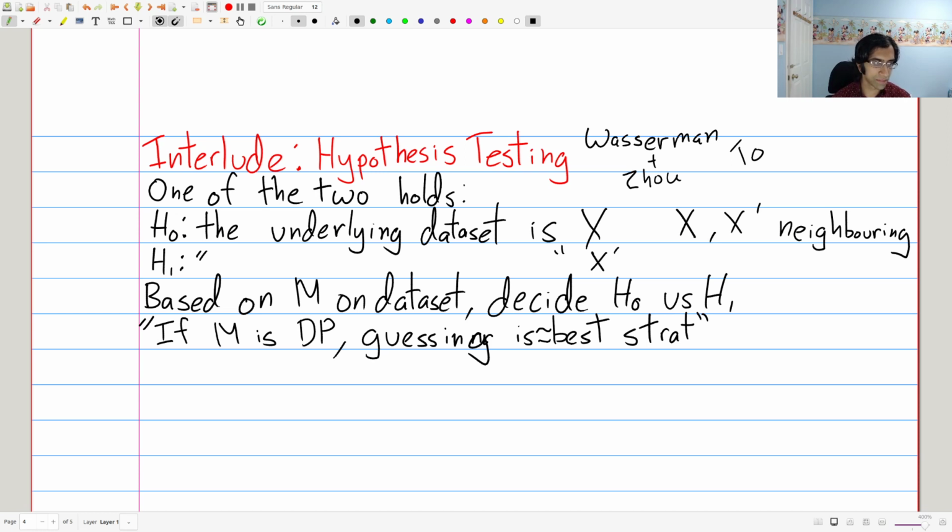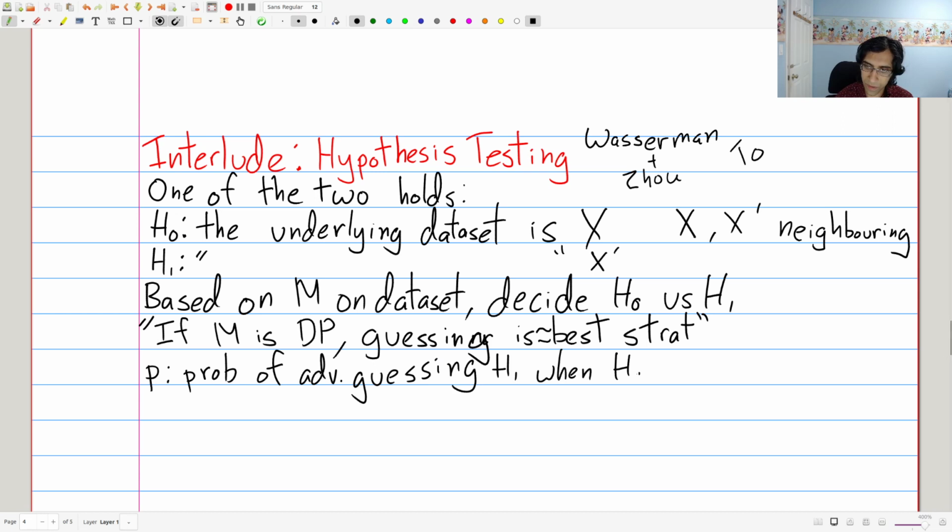So let me try to tell you what an equivalent notion of differential privacy is, based on this sort of hypothesis testing question. So we're going to let P be the probability of the adversary guessing H1 when H0.